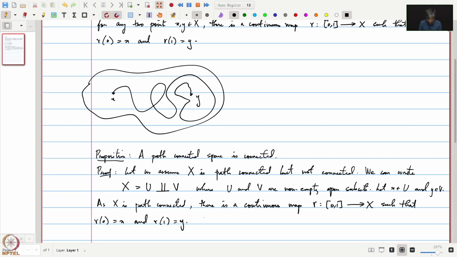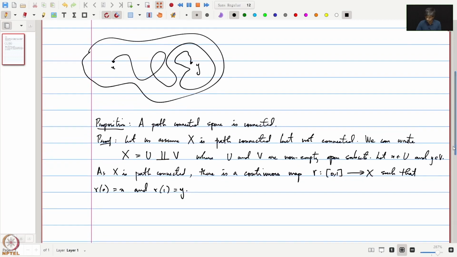Right. So now we simply take the inverse image. So [0,1] we can write as gamma inverse U disjoint union gamma inverse V. Since U and V are disjoint, their inverse images are also going to be disjoint.